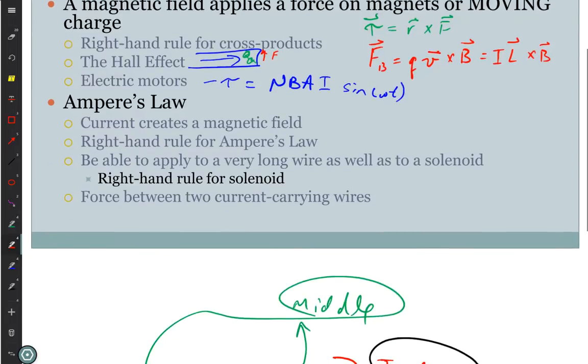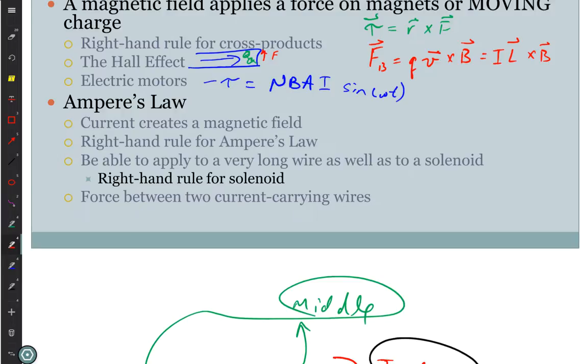Okay, then we have Ampere's law. We had learned for the previous test that with Gauss's law, if we have a charge, it makes an electric field. Ampere's law tells us that if we have a current, a flowing charge, it makes a magnetic field. And so Ampere's law, you should be able to use it.